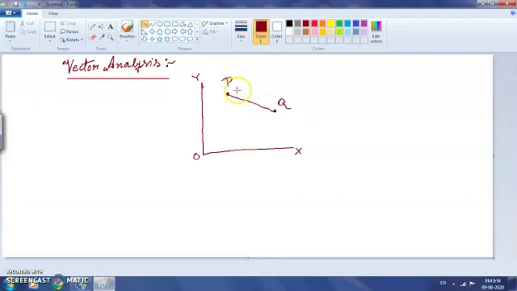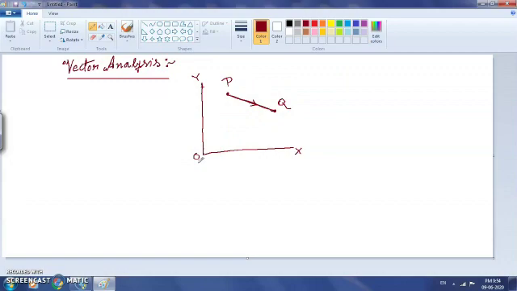Yeah, this is the line. So the direction is from P to Q. Clear?